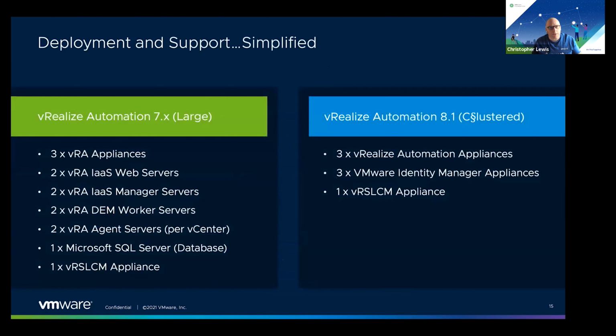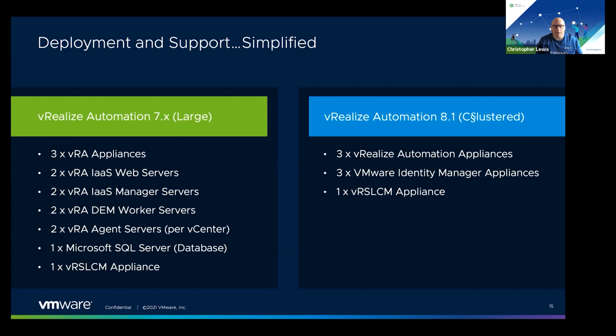When we look at the deployment, it's simplified. You have somewhere between 12 and 15 servers for vRealize Automation 7 in a large deployment. In a cluster deployment that can manage and maintain almost double the amount of virtual machines and deployments, you've got 7 machines.